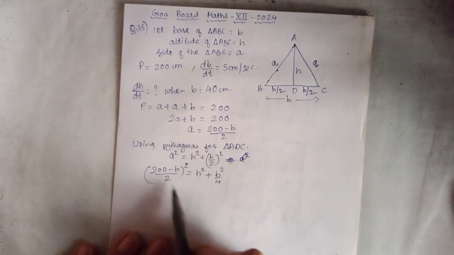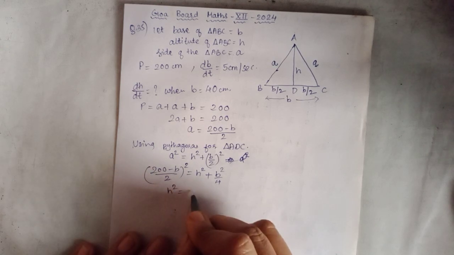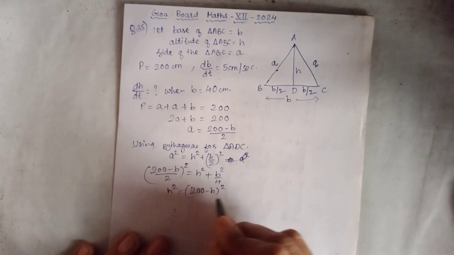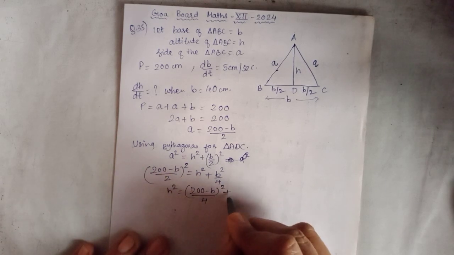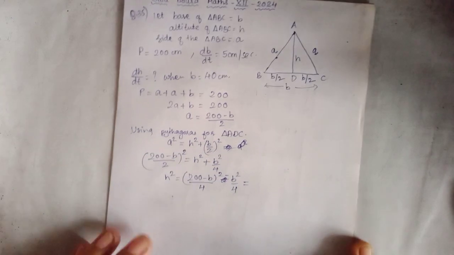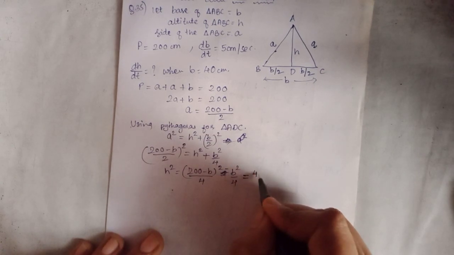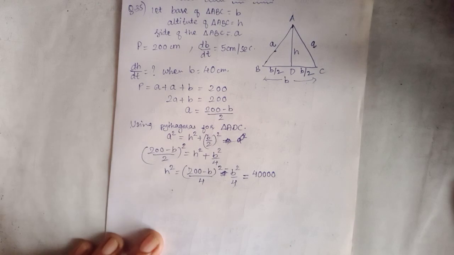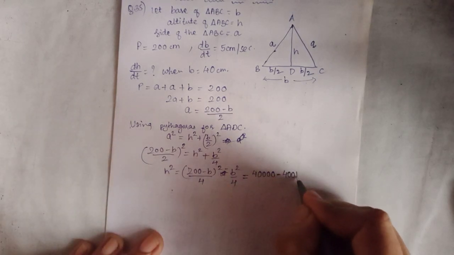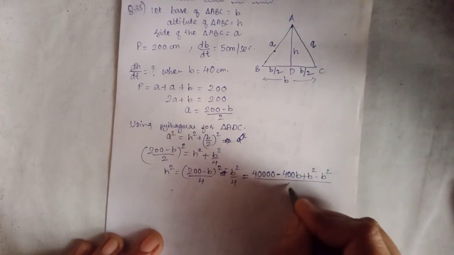Okay, so I'll take this B square upon 4 to this side. So this is ((200 minus B) the whole square upon 4) minus B square upon 4. So expanding this, we will get 40000 minus 400B plus B square, minus B square upon 4.